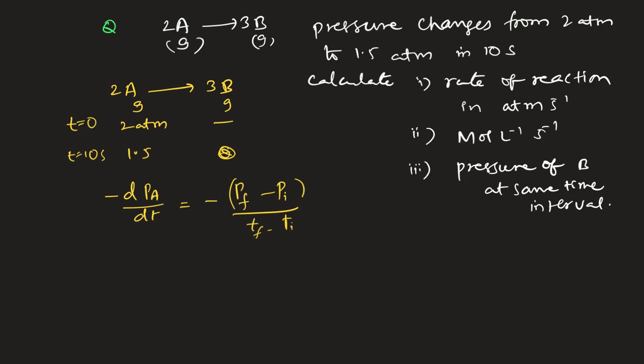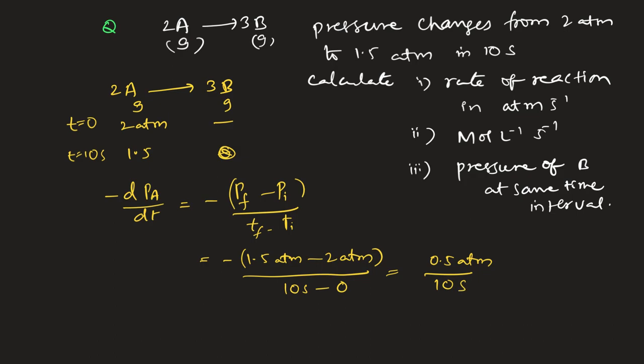Minus (1.5 atm minus 2 atm) divided by (final time 10 seconds minus 0 seconds initial). Then what answer will you get here? 0.5 we will get. Therefore 0.5 atm by 10 seconds, so our answer should be 0.05 atm second inverse. This is with respect to the substance.